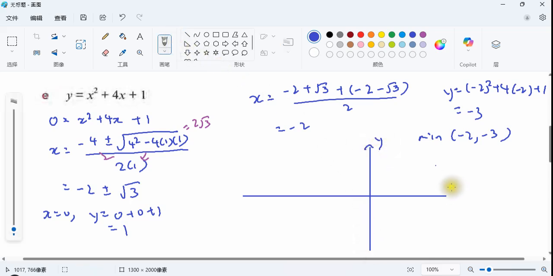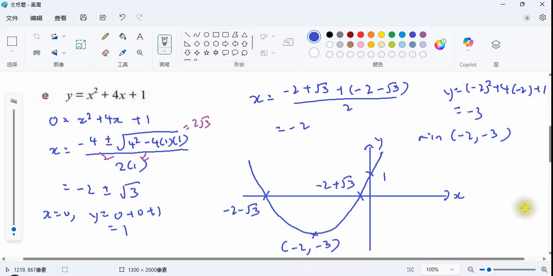We have the y and x axes here. This is 1, and this is negative 2 minus square root 3. This is negative 2 plus square root 3, and this is negative 2, negative 3.